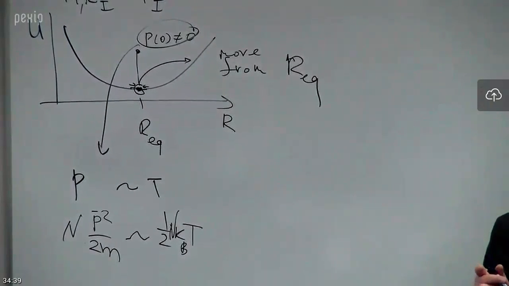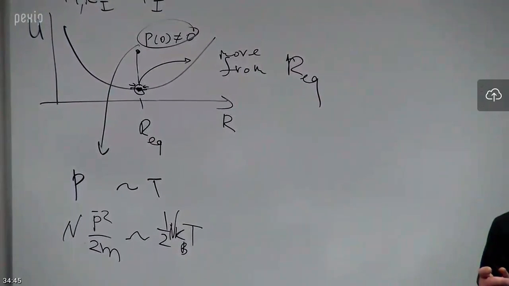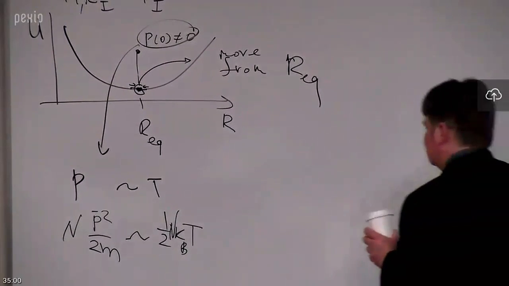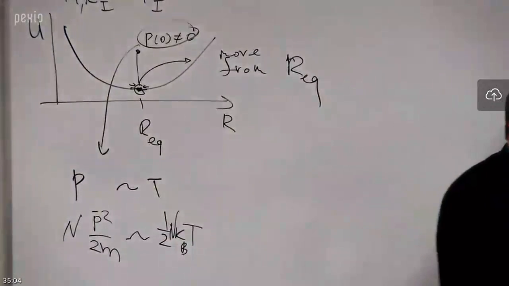Isn't it PV equals nRT? This PV equals nRT follows from these basic things, but this is a very basic thing. In PV equals nRT there is no momentum. The letter P is for momentum, and V for velocity, not volume. So what's the connection between momentum and temperature, or velocity and temperature?